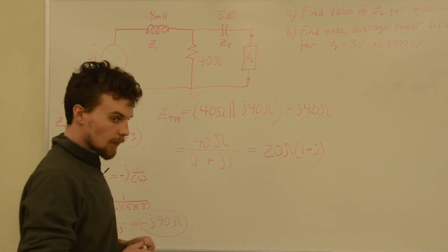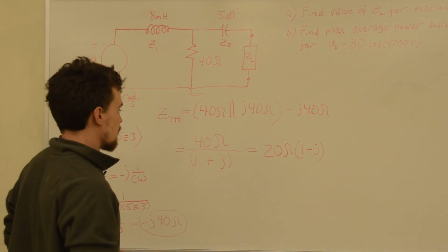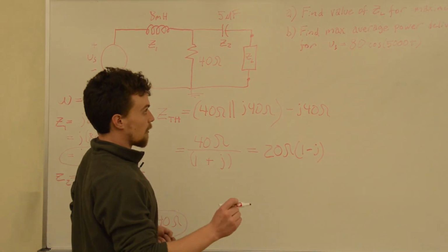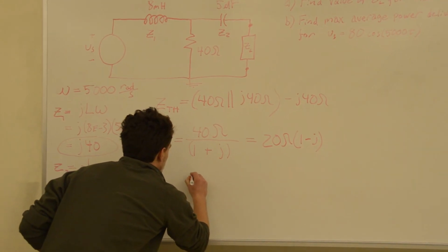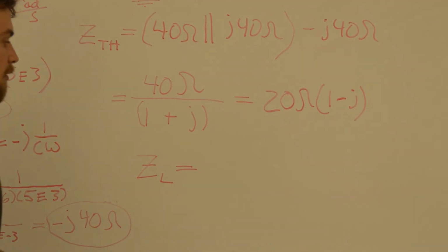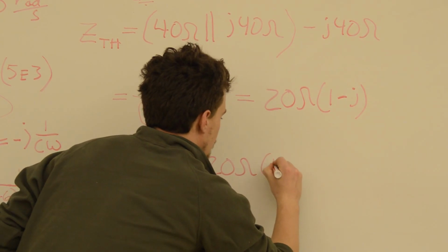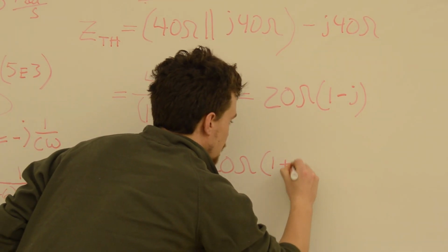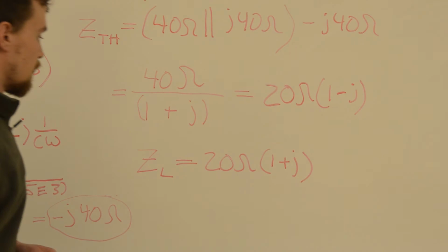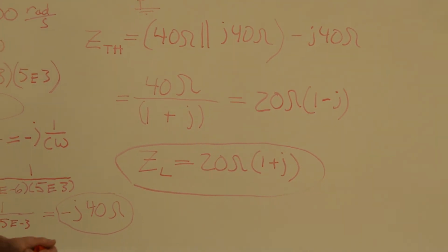To find the conjugate, we just take the opposite imaginary value. So for maximum power transfer, your load impedance has to equal 20 ohms times 1 plus j. This is the value of load impedance that will give you maximum power transfer.